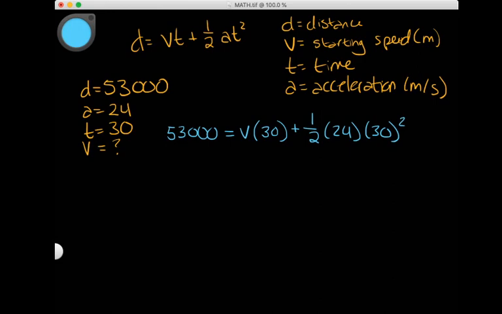Okay, so now we have to work through the question. We have to follow order of operations when we do a formula. So I'm going to rewrite this part here. 53,000 equals. I have to make sure that I do this exponent before I do the multiplication. So I have 30V plus 30 squared, which is 900.